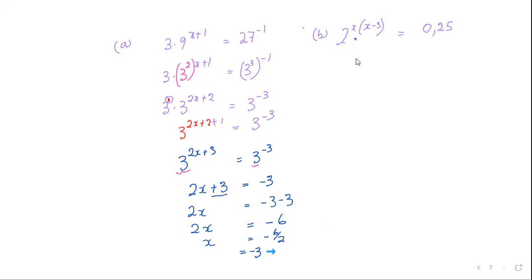And have a look at this one here once more. Let's write on the clean page here. We have your B. The B was 2 exponent x into x minus 3 is equal to 0.25. If I remove the bracket there, I'll have 2 exponent x squared minus 3x is equal to 0.25.